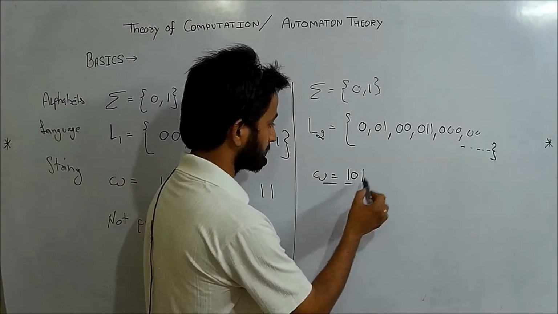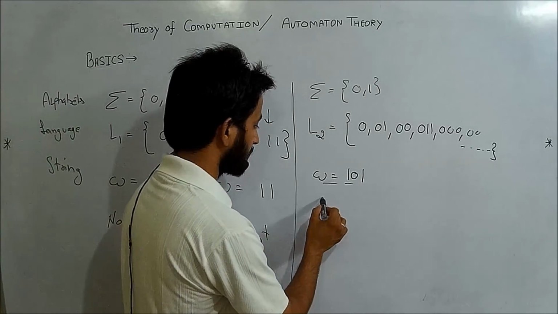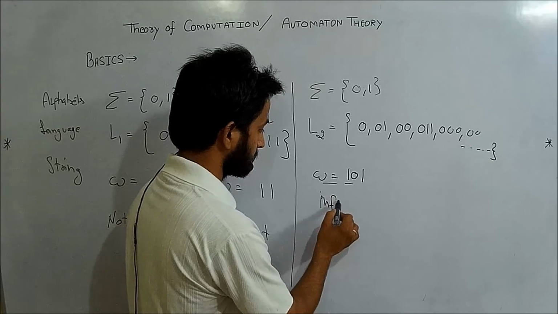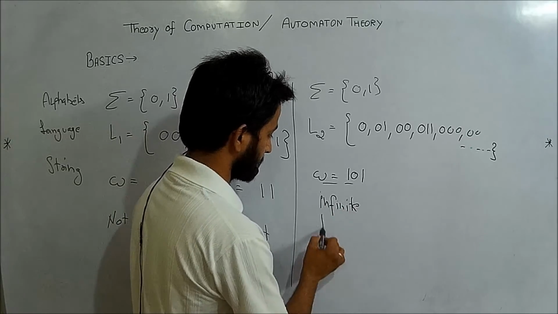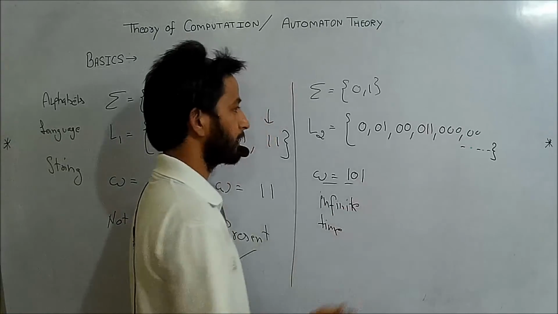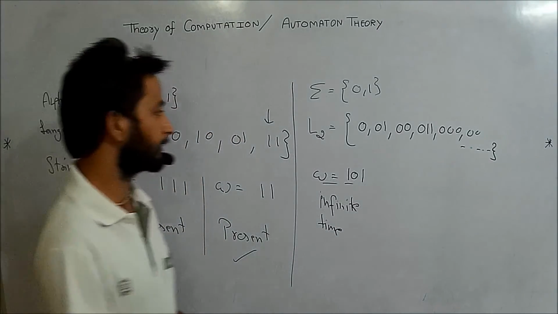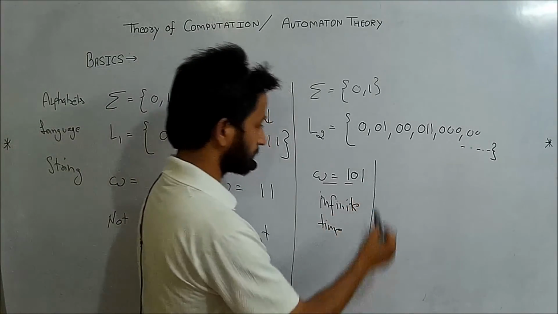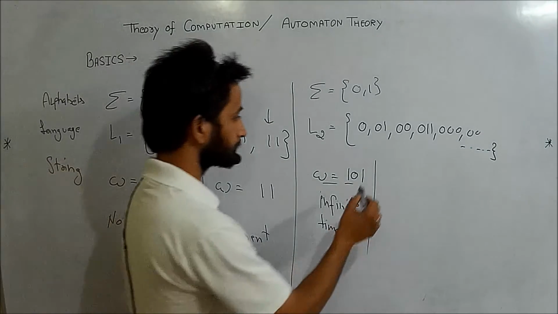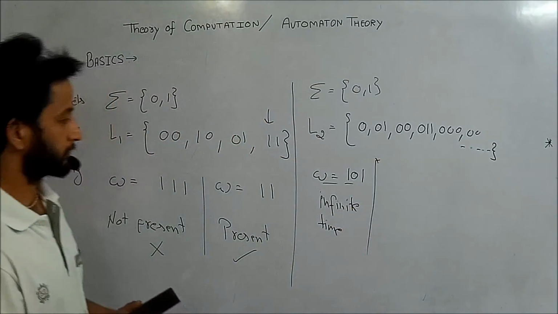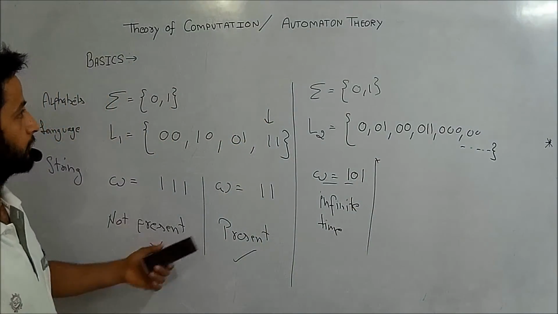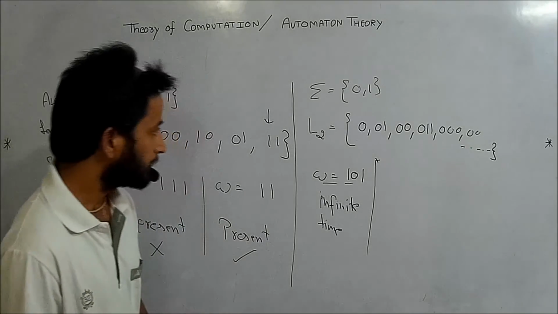So the comparison will go on for infinite time, because the language is also infinite. This is the problem here. Because it will take infinite time, this is not proper computation.